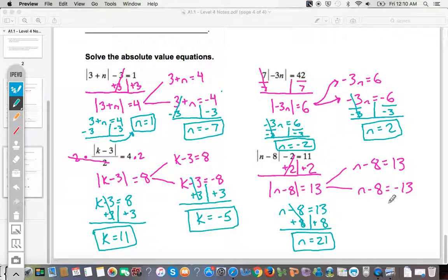Okay, so that was this top one. Bottom one I'll do right over here. Okay, so I'll add 8 on this side. 8's cancel. Add 8 on this side. So I'm left with n equals negative 13 plus 8, which happens to be negative 5.